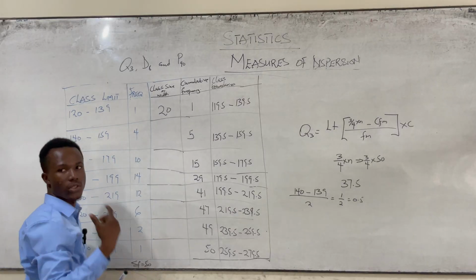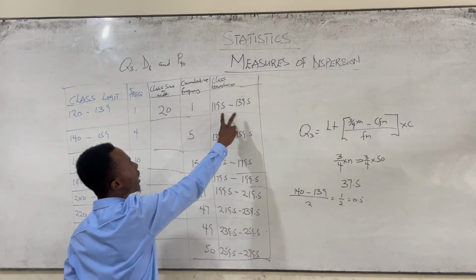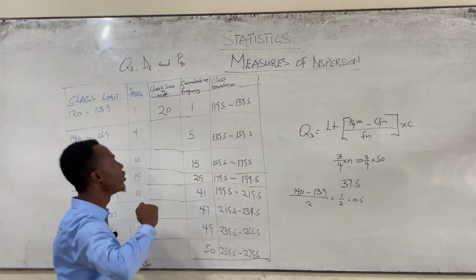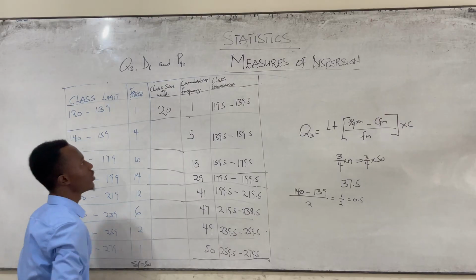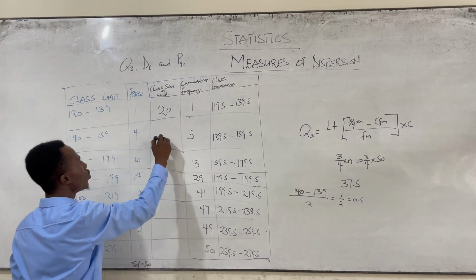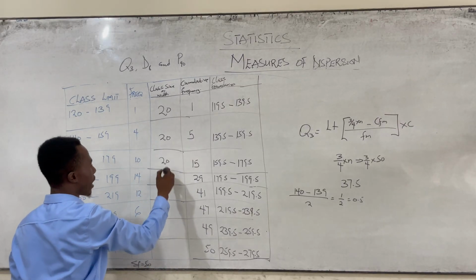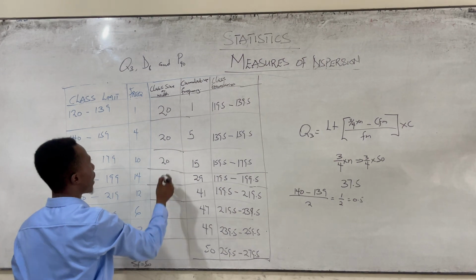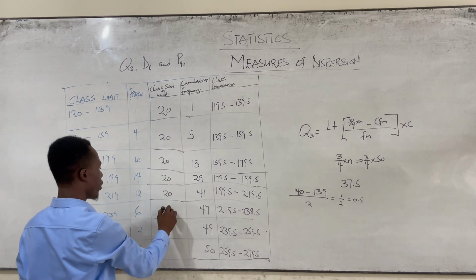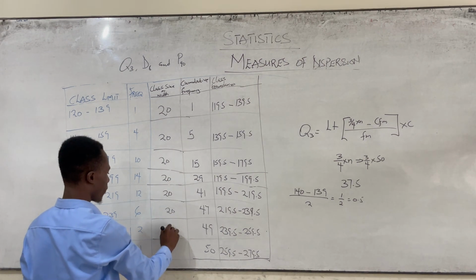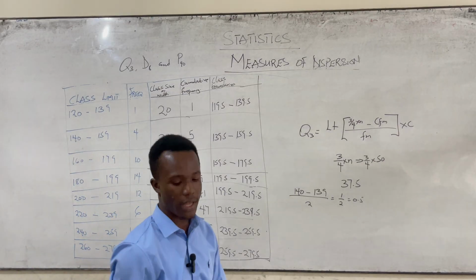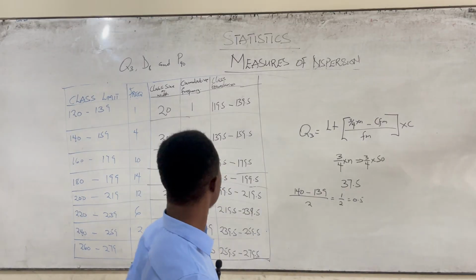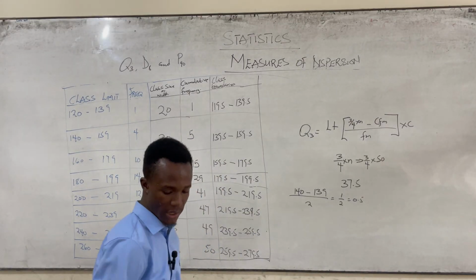That is why I said it's either you find the difference between the class boundaries or the vertical difference. They are all going to give you 20 throughout, because at this stage the class size or the class width is always the same. So if you get one number, you are going to get the subsequent numbers to be the same.